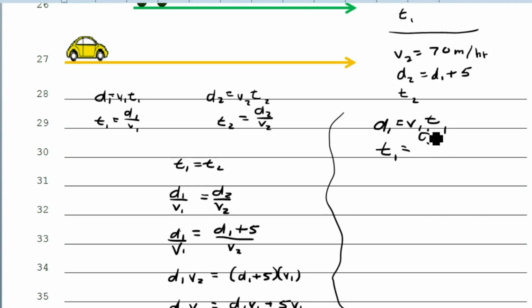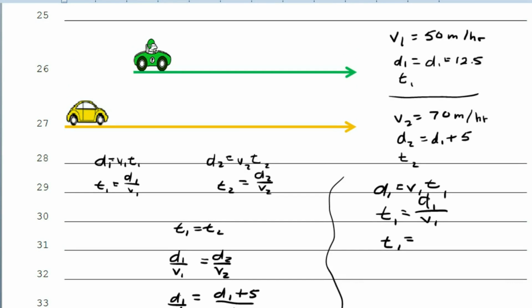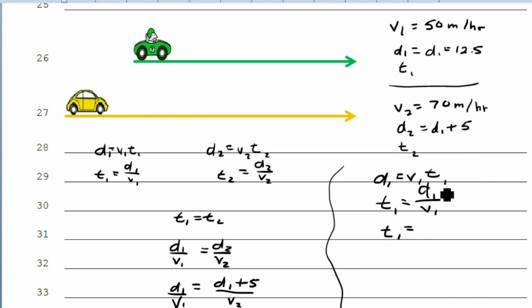T1 equals D1 divided by V1. T1 equals 12.5 miles divided by 50 miles an hour. So T1 comes out to be 0.25 hours, 1/4 of an hour.